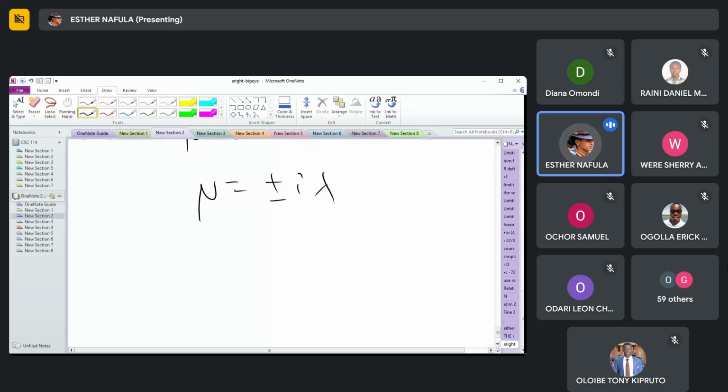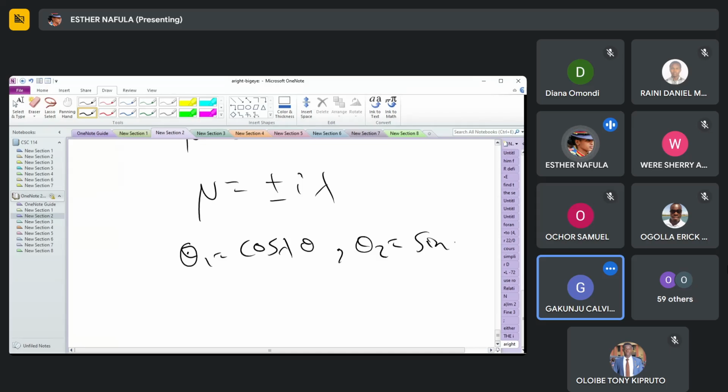So what will be our theta 1, theta 2? Theta 1 is cos lambda theta. Theta 2? Sin lambda theta.